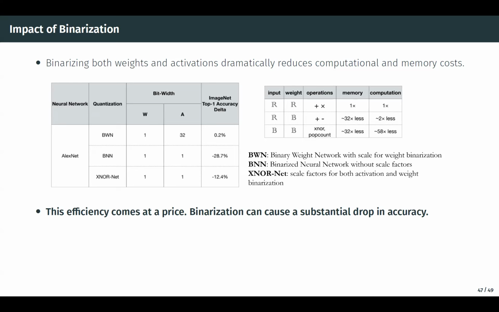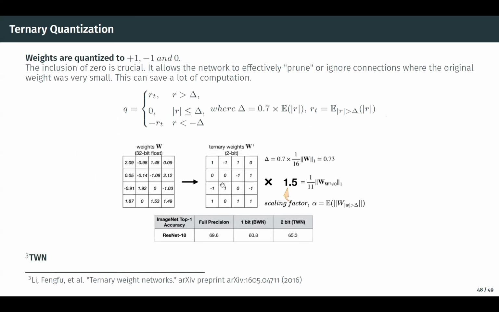Again, this is also application-based. Sometimes this will be okay. The other technique is ternary quantization, which uses 3 levels of quantization, either -1, +1, or 0, and it also gives us the advantage of effectively pruning because we have a 0 in this representation.